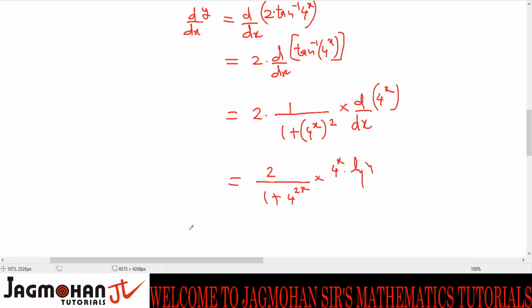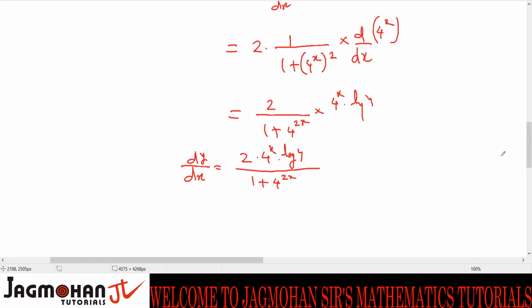So the final answer you get is dy by dx equals to 2 into 4 raised to x log 4 divided by 1 plus 4 raised to 2x. This is the final answer.